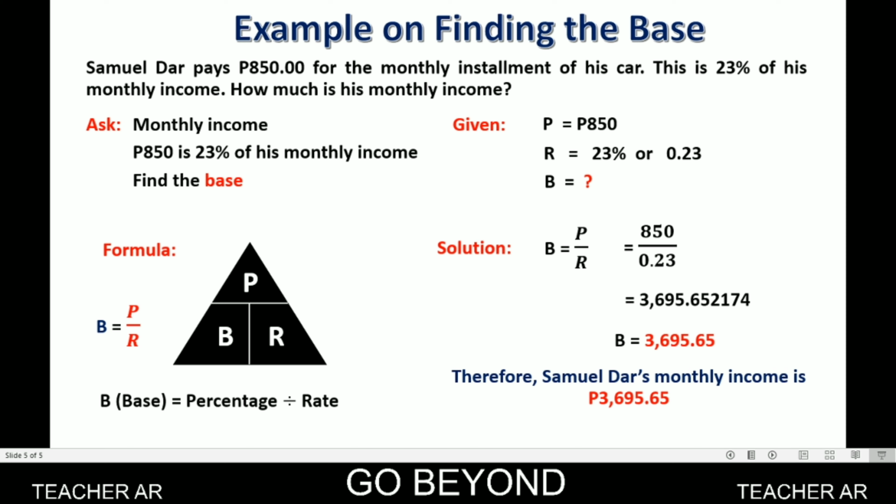So that is our final answer. 850 pesos is 23% of 3,695.65 pesos. So that is how we are going to find the base, percentage, and the rate.